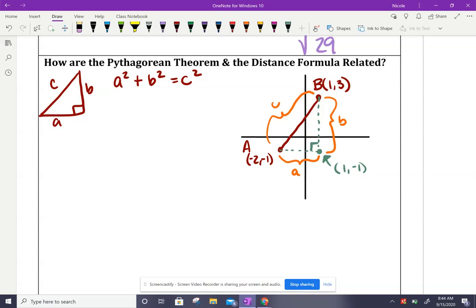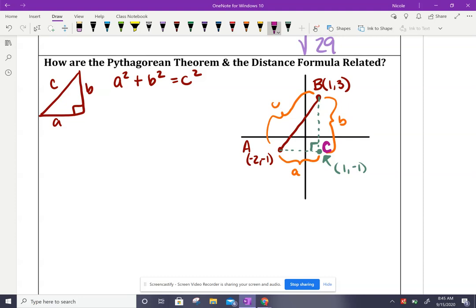If I want to find out the length of this line, I would need to find the number of steps from point A to where my right angle is. And I'm going to name that point capital C. I could, as if it was on a number line, count the steps, or I can subtract the x values.